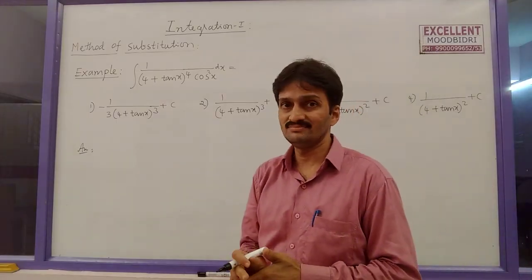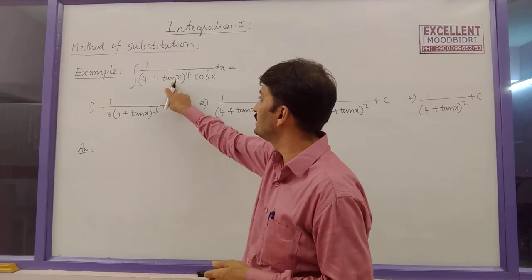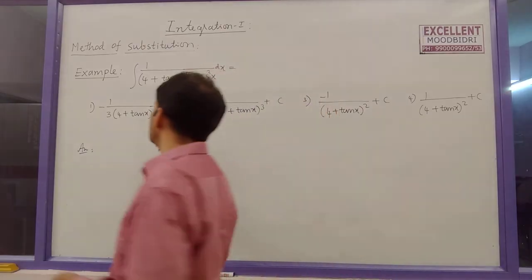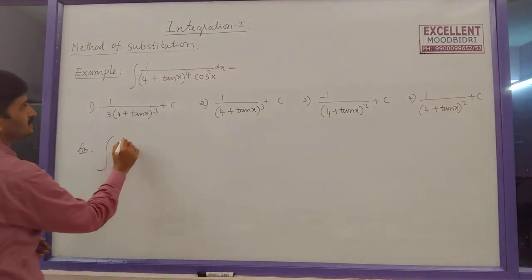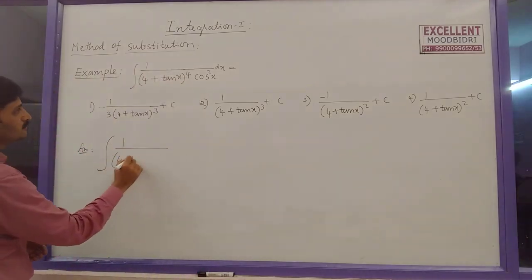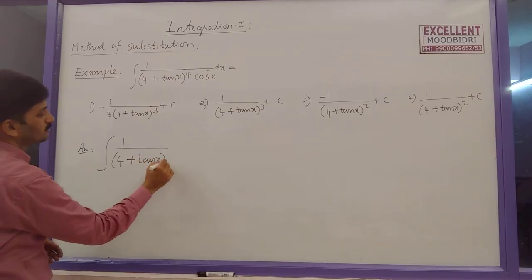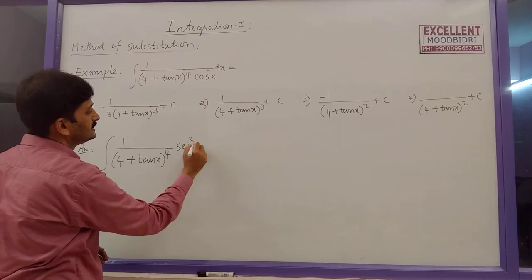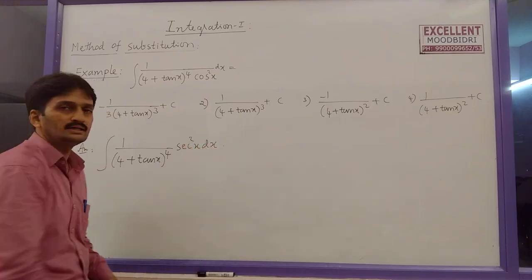Secant square x. Derivative of tan x is secant square x. You can see 1 by cos square x is secant square x. So this can be written as 1 by 4 plus tan x whole power 4 into secant square x dx.